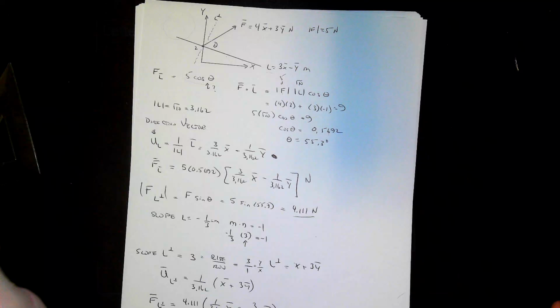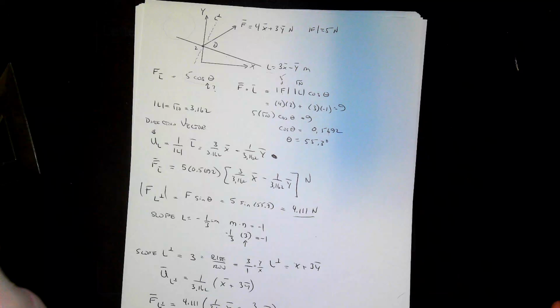So let's see. Magnitude of L is the root of 10, 3 squared plus 1 squared square root, and that is 3.162. That's enough digits for me. So if I apply that, here was L, so I would have 3 divided by 3.162 x minus 1 on 3.162 y.